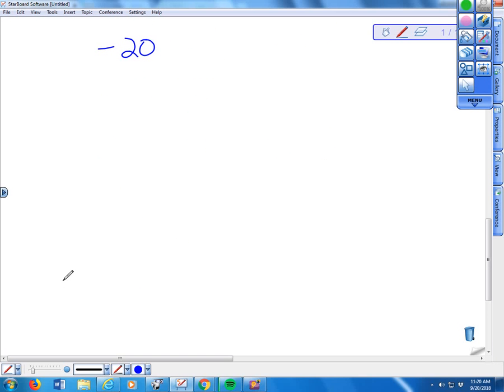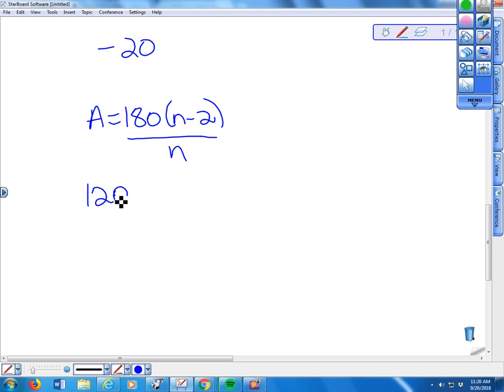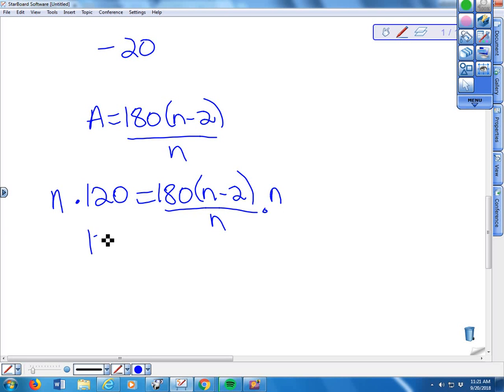Next, the formula a equals 180 times n minus 2 over n relates the measure a of an interior angle of a regular polygon to the number of sides, n. If an interior angle measures 120, find n, or the number of sides. So one thing I can do here is go ahead and multiply both sides by n to get it out of the denominator.